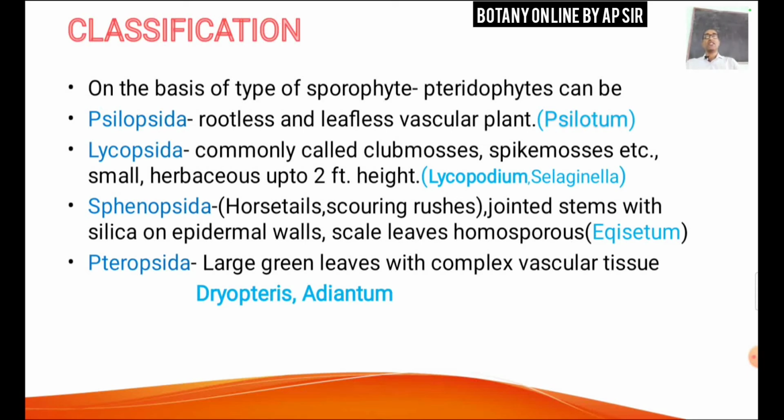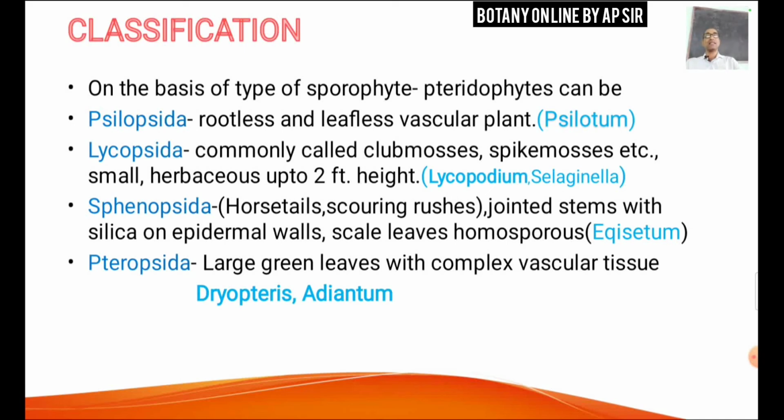So let us find out how pteridophytes can be classified. On the basis of sporophyte, pteridophytes can be divided into 4 types: Psilopsida, Lycopsida, Sphenopsida, then Pteropsida. Psilopsida include rootless, leafless, vascular plants.